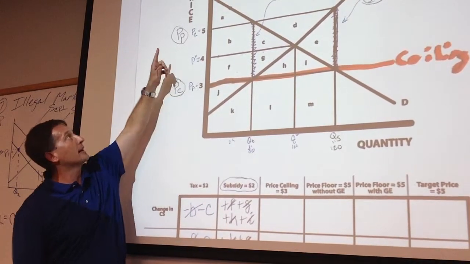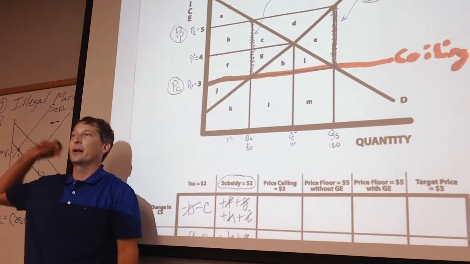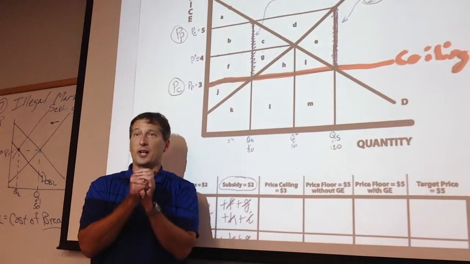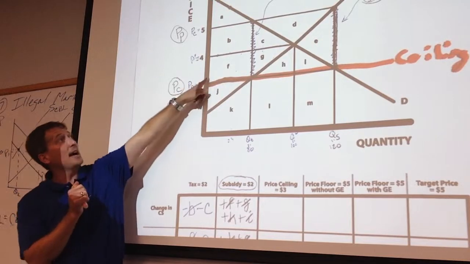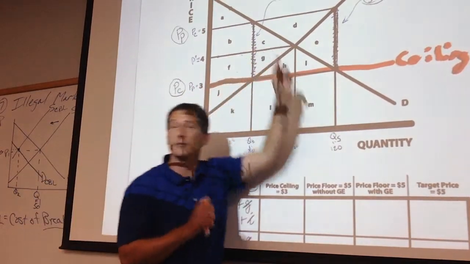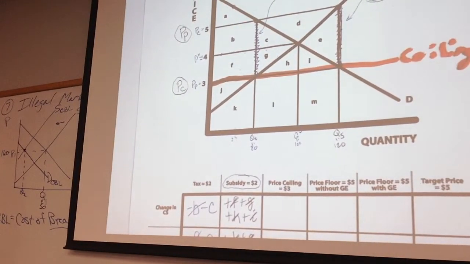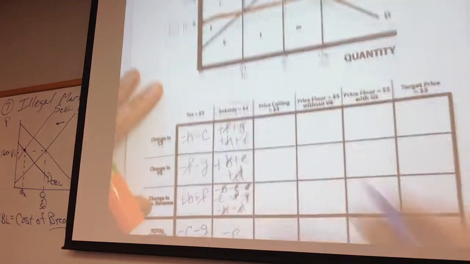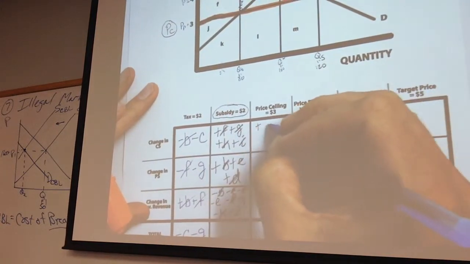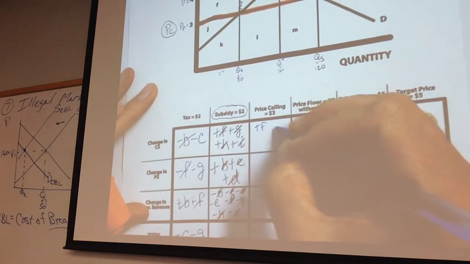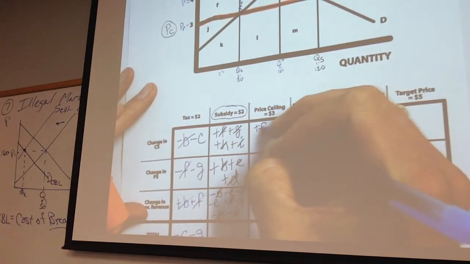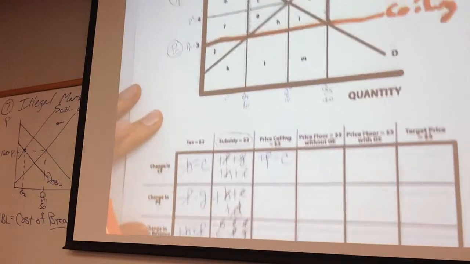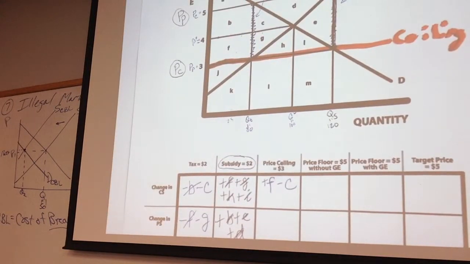You correctly pointed out it's ABF, but I have not heard what the change in consumer surplus is. Plus F minus C. Good. Put that in there. So plus F. We're going to add F, but we're going to lose C. So we kind of got an indeterminate effect going on with consumers.